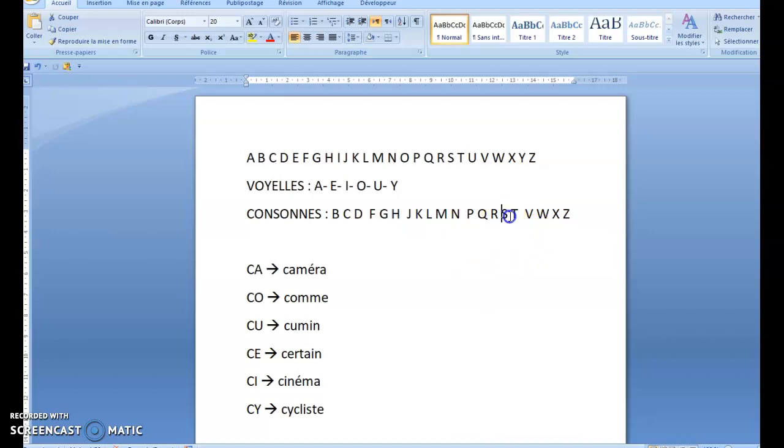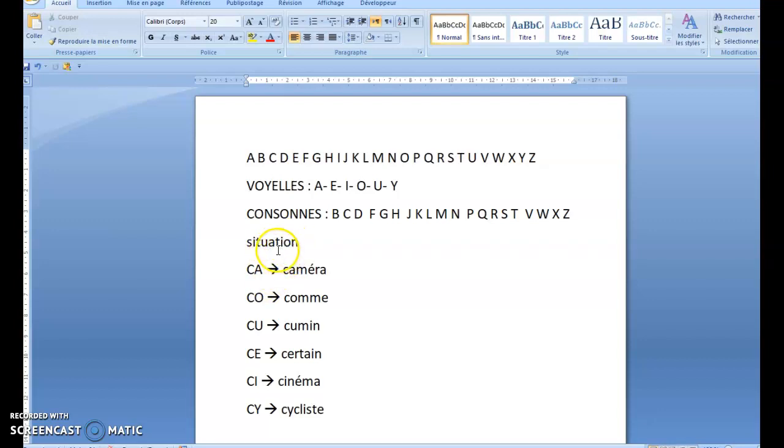The S, sometimes it's pronounced S, and in some other cases, it's pronounced like a Z sound. So, at the beginning, it's always pronounced S. For example, situation.